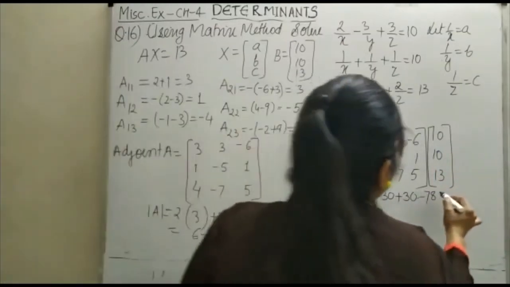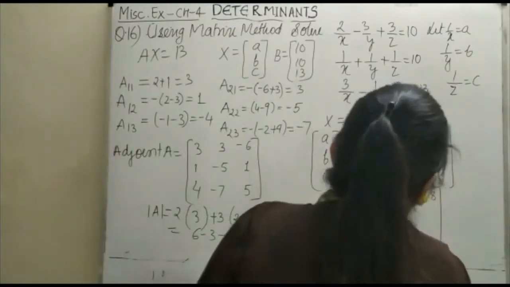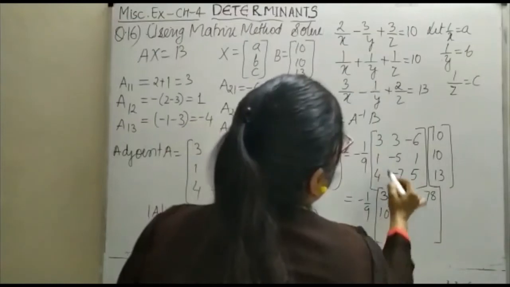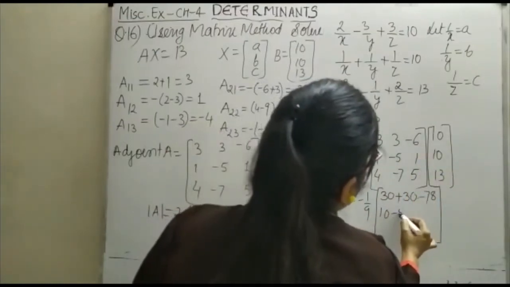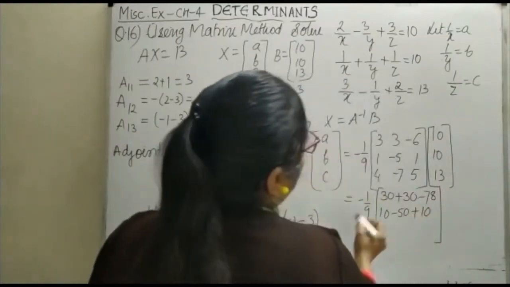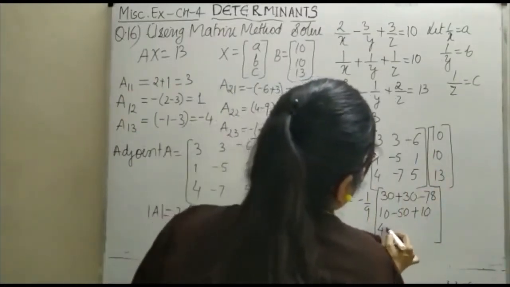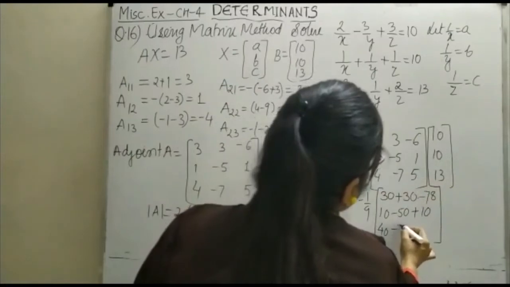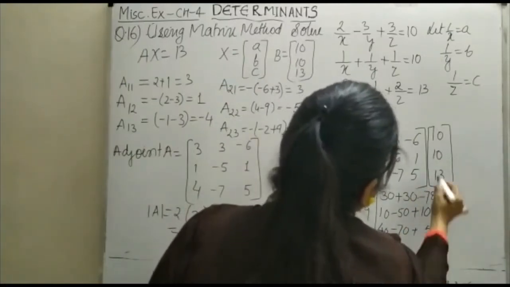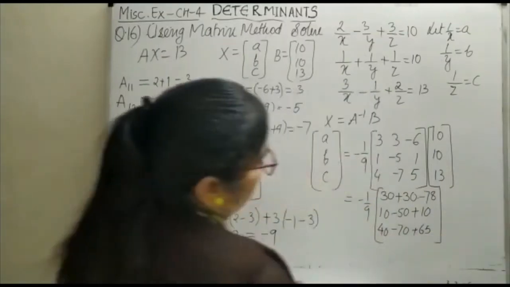Okay, so what about the next one? 10 minus 50 plus 10, again 40 minus 70 plus 5 3s are 15, 5 here, 1 carry, 65, right?